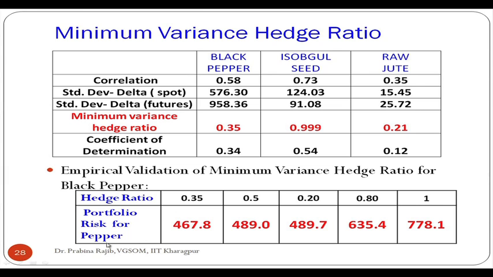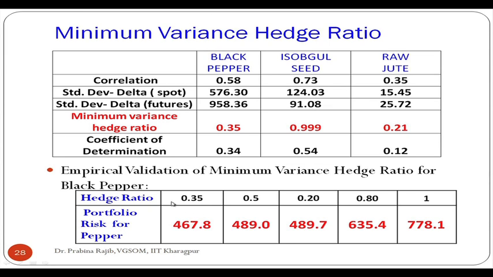To do a sensitivity test, I took random combinations of portfolio, both spot as well as futures. This second panel of the second table in this slide indicates the various combinations of hedge ratio and portfolio risk for black pepper.